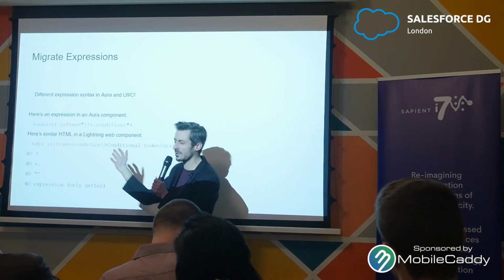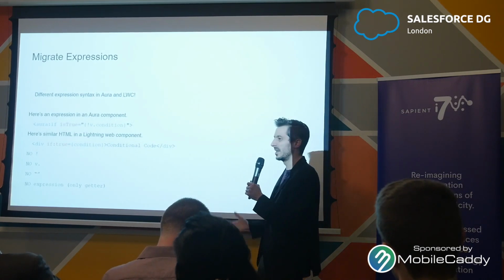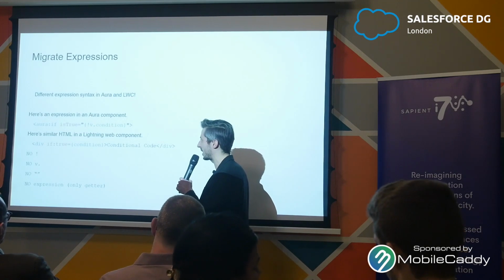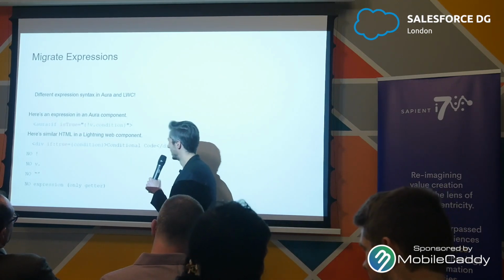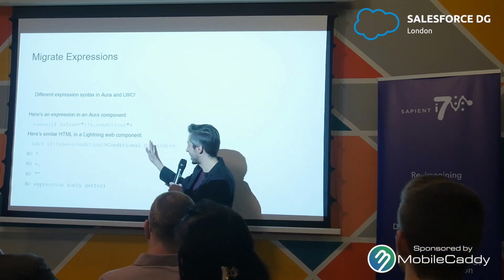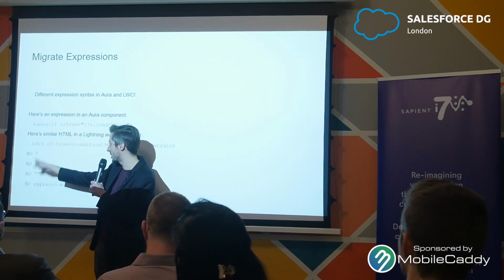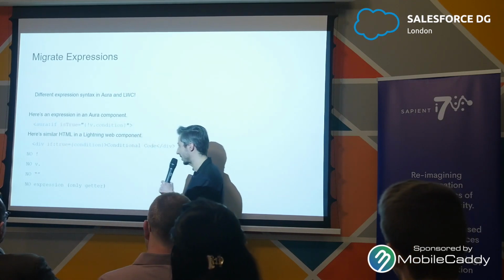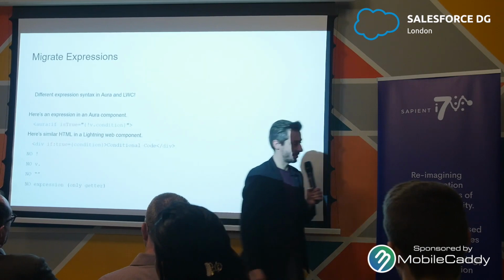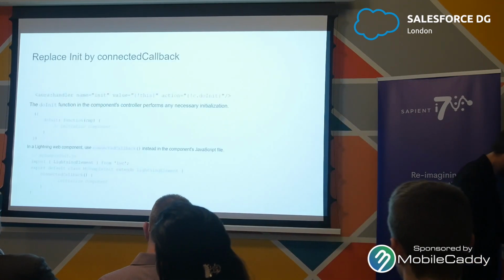Also, this v. crazy thing, that was complicated, and it doesn't even mean the same thing depending on where you are. Now we just have a condition. That's it. So I insist, no exclamation mark, no v, no colon. Also, only getter, no expression. Well, I think I've driven the point home now.